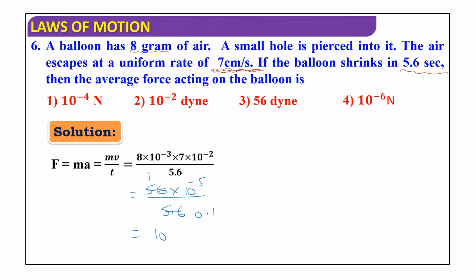Here 0.1 can be written as 1 by 10, which is 10 to the power of minus 1. So this is equal to 10 to the power of minus 4 newtons. So F is equal to 10 to the power of minus 4 newtons. Okay, which option is correct? First option is correct. F is equal to 10 to the power of minus 4 newtons. Okay, next.